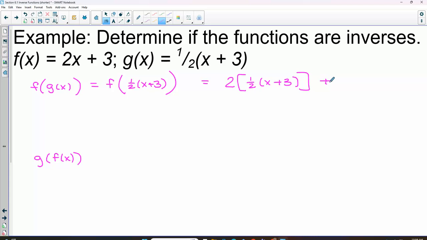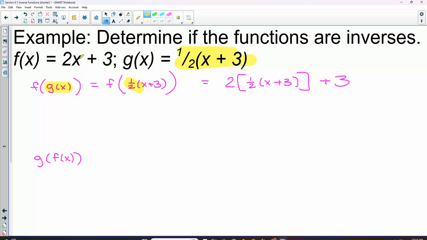We did these compositions earlier in the year, like your f of g and g of f. Do you guys see what I've done so far? We started on the inside. g was the 1/2 x plus 3, so I plugged that in.